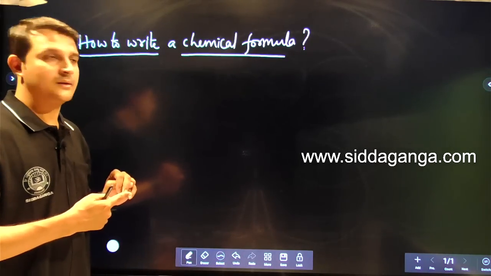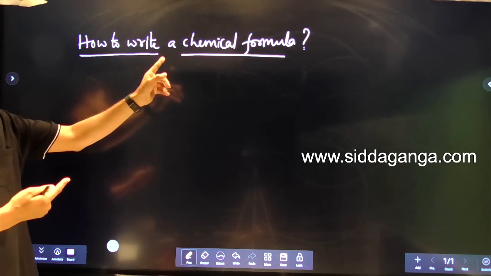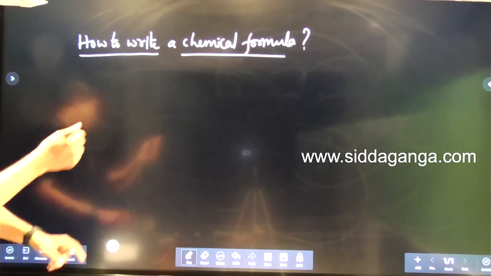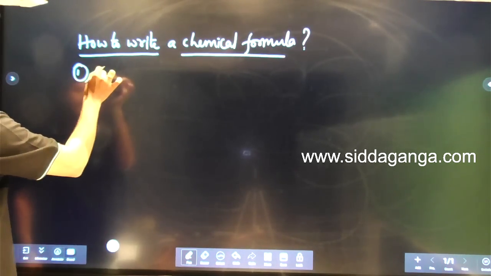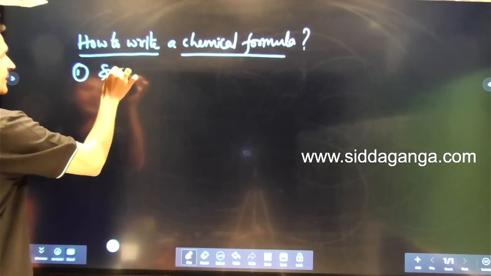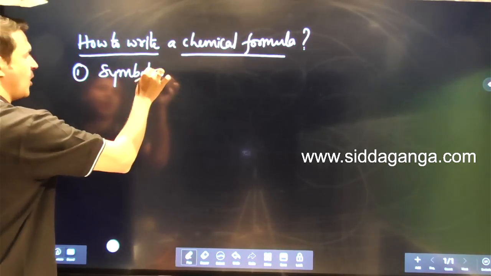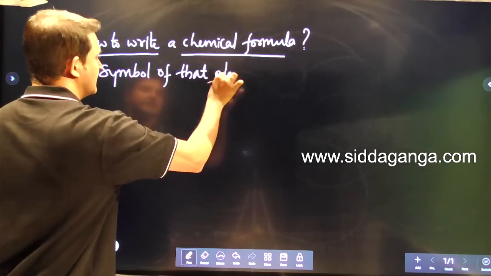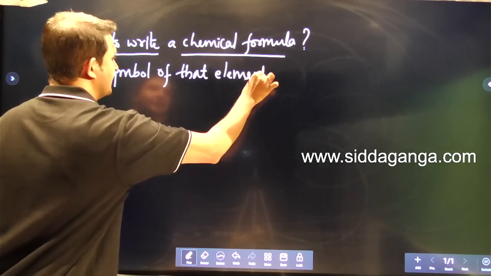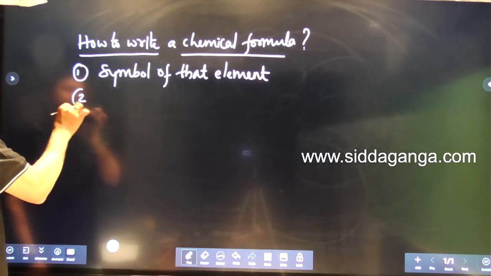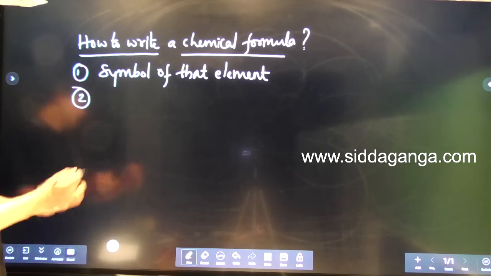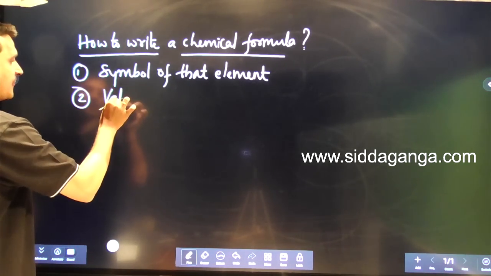First, we require the symbol of that element, and the second criterion is nothing but valency.